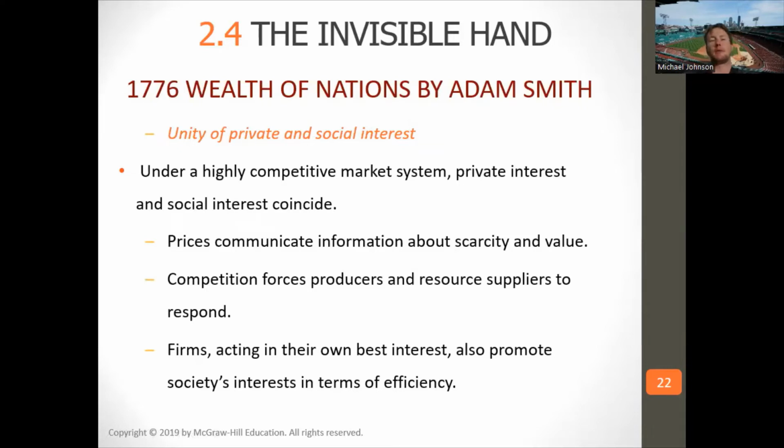Wealth of Nations by Adam Smith. So prices communicate information about scarcity and value. If you price something high, it is probably rarer.